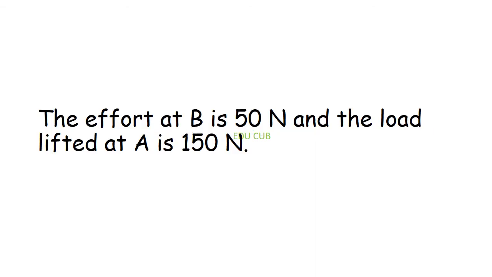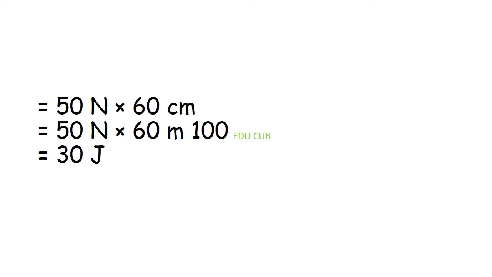So we know the effort at B is 50 Newton. We have to multiply it by 60 centimeter. Displacement of effort, we have to keep in meters, so we divide 60 by 100, so we multiply 50 Newton by 0.6 meters. Answer will be 30. The measuring unit is joule. Answer is 30 joule.